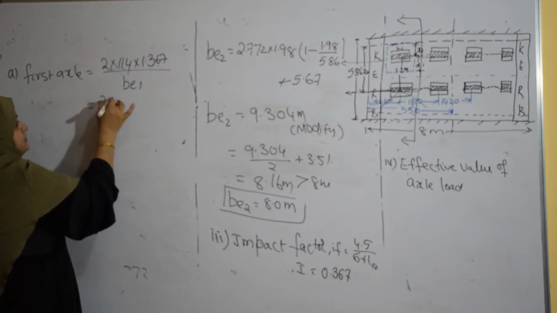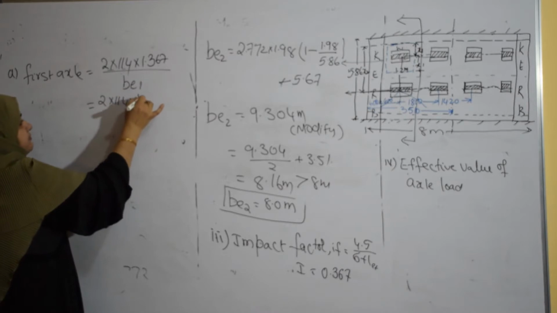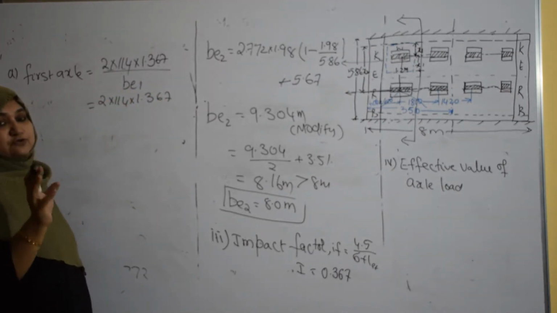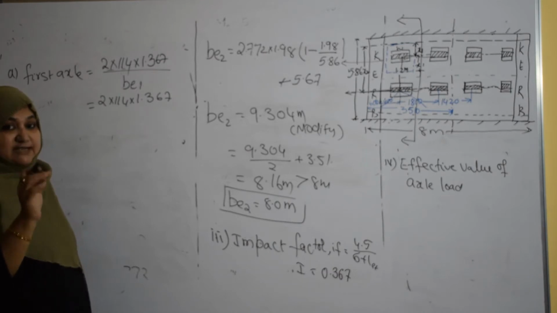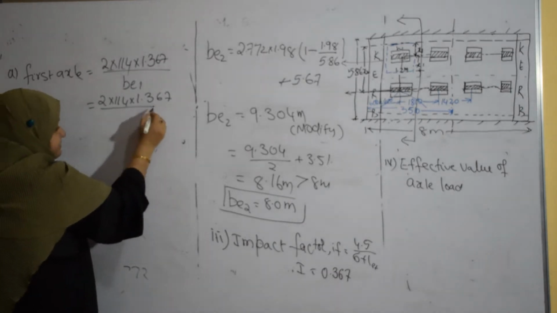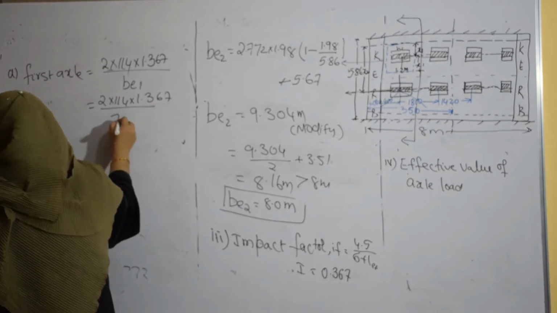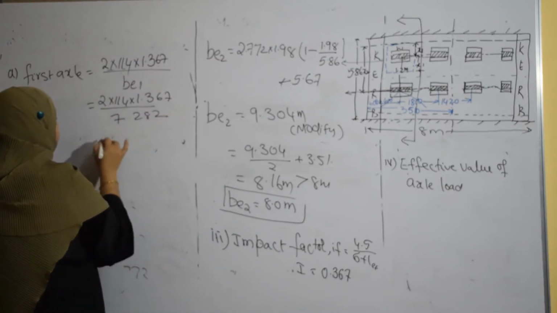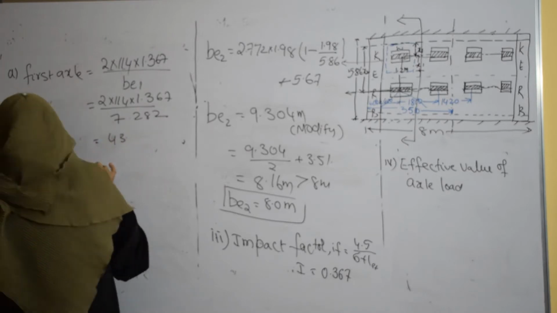So 2 into 114 into 1.367 divided by 7.282. This shear force is due to wheel load, that is live load, plus impact load, divided by BE1. We got it as 43.18 kilonewton.